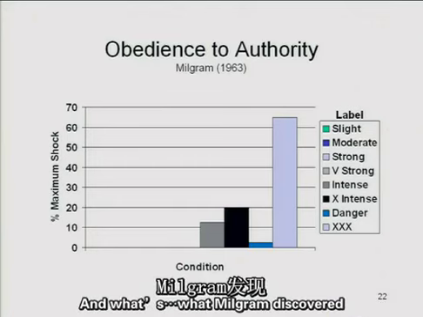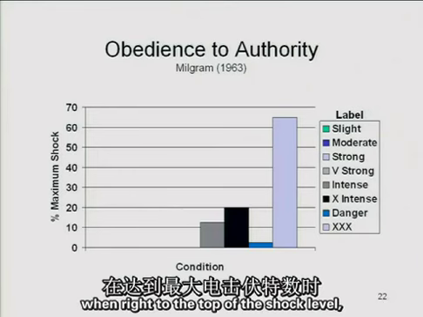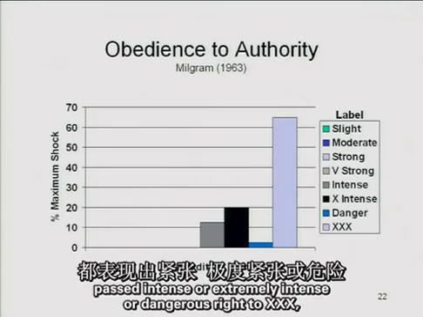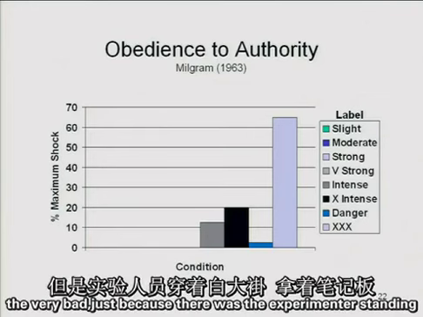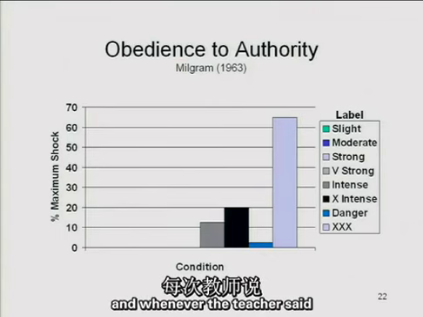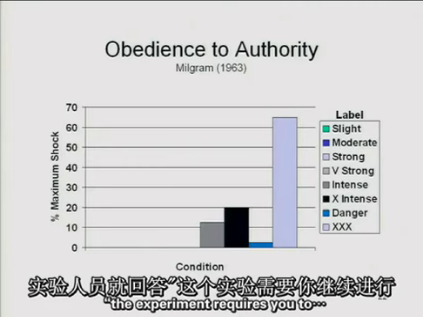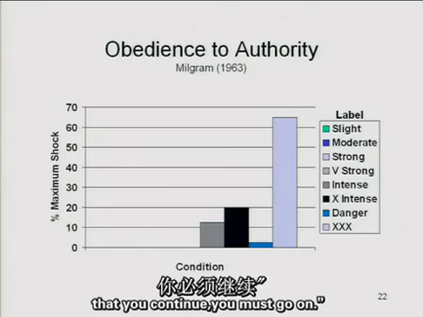And what Milgram discovered was that almost all of his teachers, about 65%, went right to the top of the shock level, past intense or extremely intense or dangerous, right to XXX, just because there was the experimenter standing in the back with a white coat and a clipboard, and whenever the teacher said, geez, the shock's getting really high, the experimenter said, the experiment requires that you continue, you must go on.